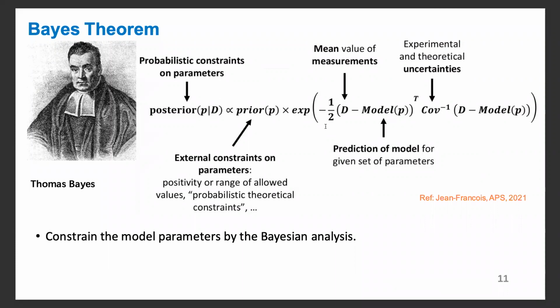And here, D means the mean value of the measurement, and this is the distance between the data and the model calculations with a given parameter set P, divided by the model and experimental uncertainties. In other words, based on the Bayesian theorem, we constrain the model parameters by Bayesian analysis.